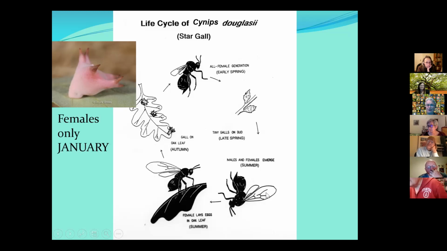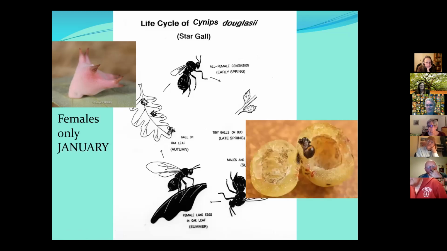And here's the bud gall. Okay, Joyce has this beautiful one where she's actually dissected the bud, and you can see the next generation of gall wasp. This one happens to be female, but there were males too. So there'll be both females and males. They'll have to mate before they lay their eggs.